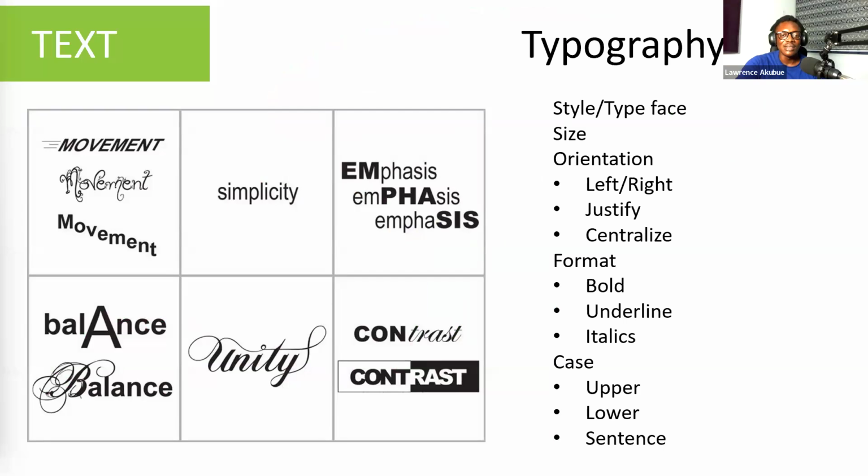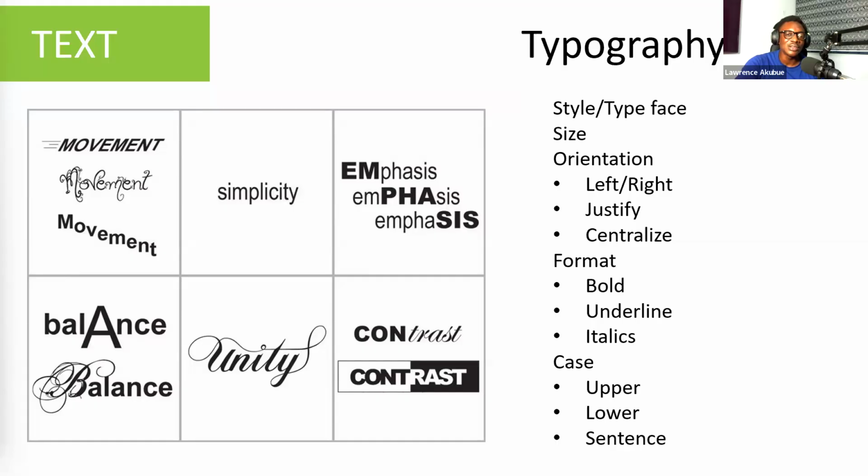Now, text also has different things. It has typeface, which people call font style. Orientation is equally important. The format, is it bold, is it underline, is it italics? Even the font style itself can show different things.